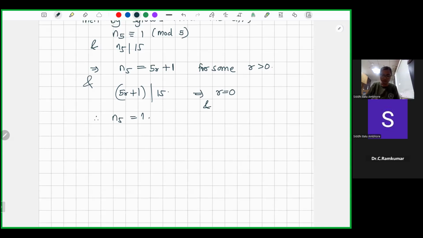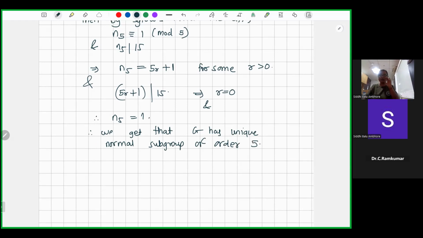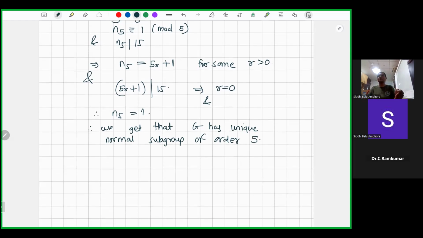Therefore we get that G has a unique normal subgroup of order 5. And why is this a normal subgroup?